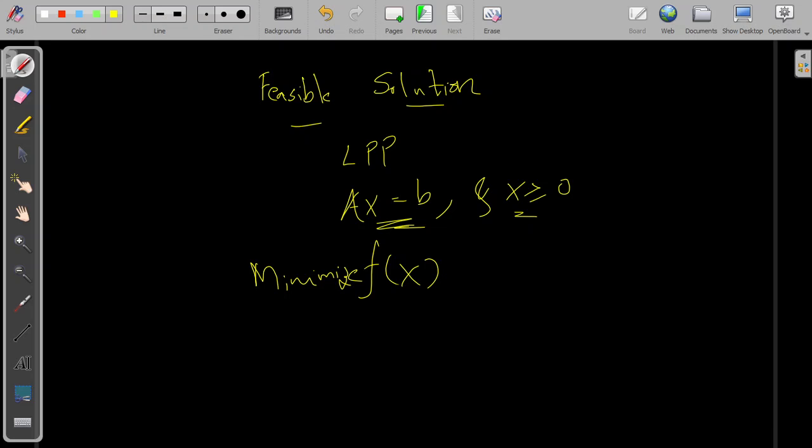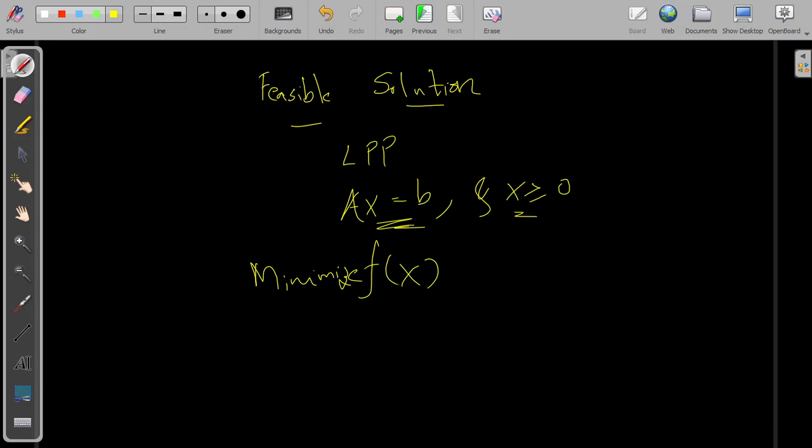Then we have basis. Basis means the collection of variables not set equal to 0, that is, the non-zero collection of variables used to obtain the basic solution. The basic feasible solution is a basic solution that satisfies the non-negative condition.